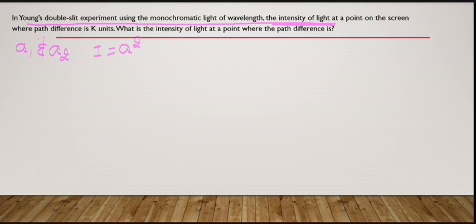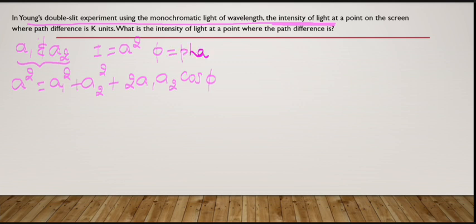Now the resultant amplitude of the two waves will be A square equals A1 square plus A2 square plus 2 A1 multiplied by A2 cos phi, where phi is nothing other than the phase difference.